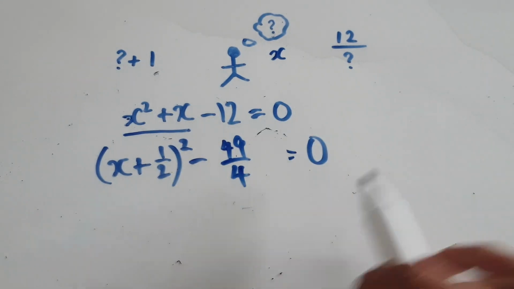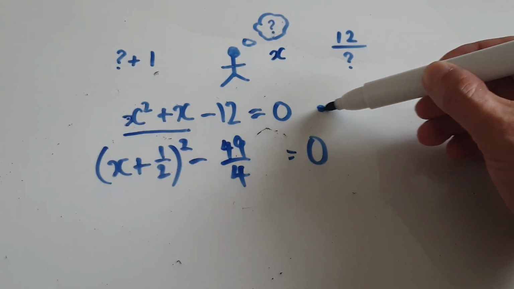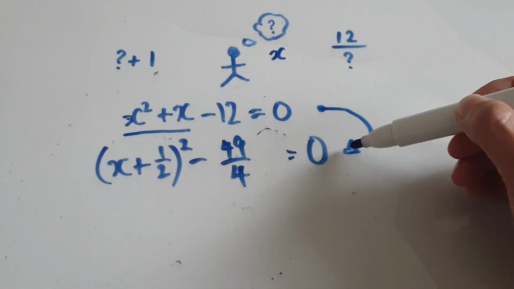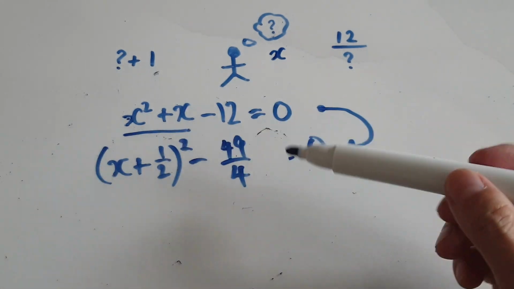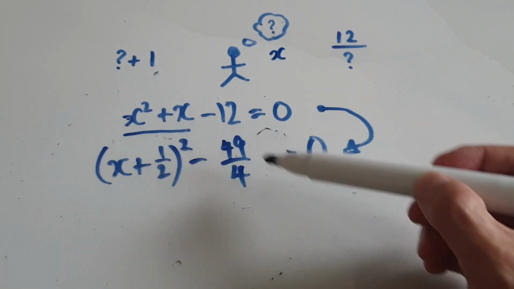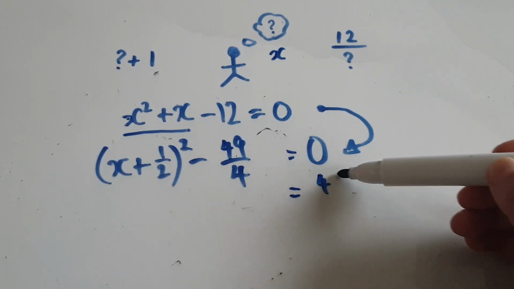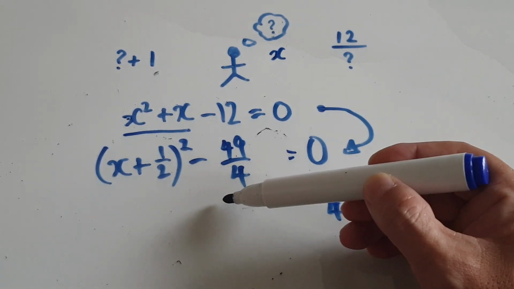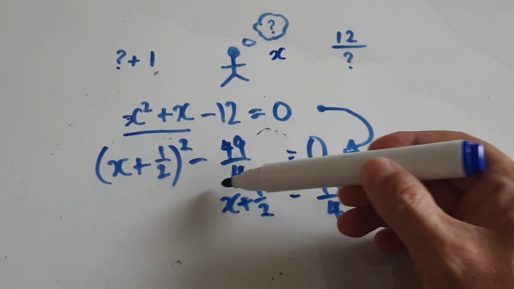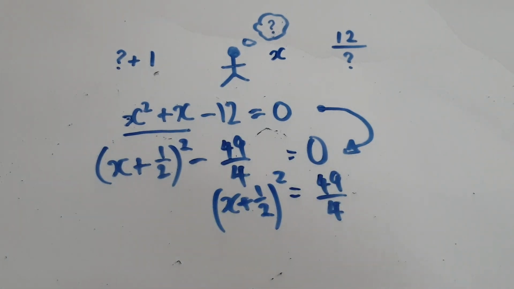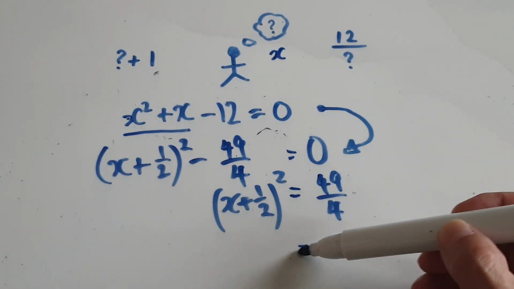Now we've completed the square. And now I'm expecting you to be able to jump from here to here. So now rearrange this to make x the subject. So add 49 over 4 to both sides. That will then give us this: x plus a half, squared, and then square root both sides.